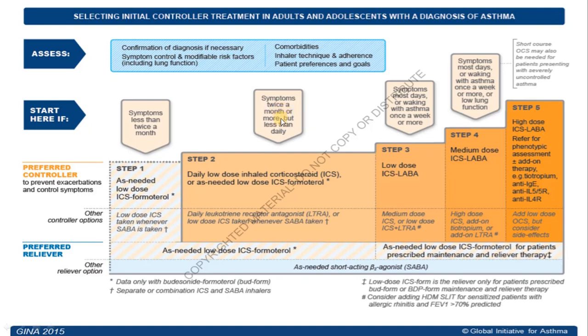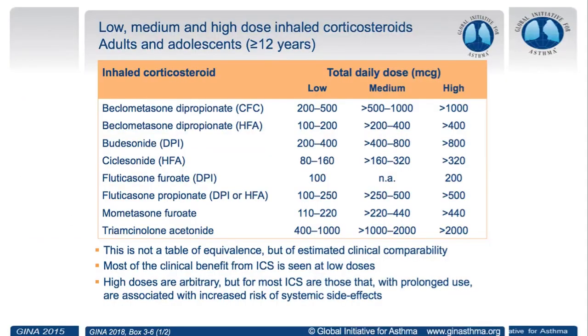If the symptoms are twice a month or more but less than daily you can start from step 2. If the symptoms are most of the day, or waking from asthma at night once a week or more, step 3. If the symptoms are most of the day and awakening from asthma once a week or more, or low lung function, start from step 4.